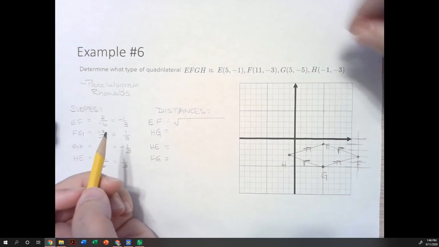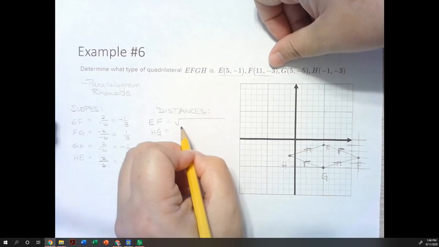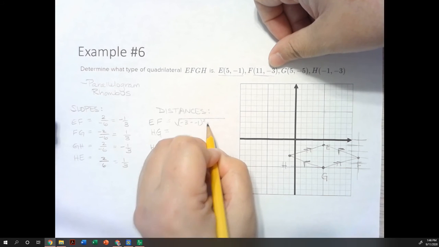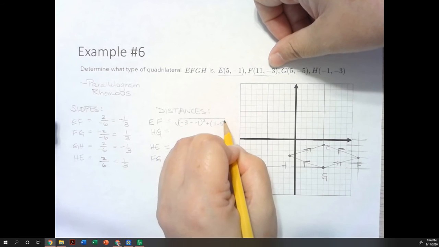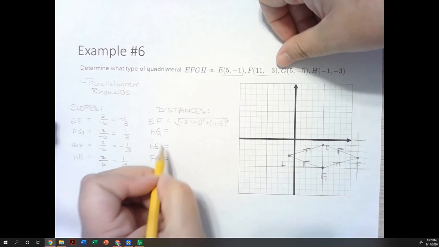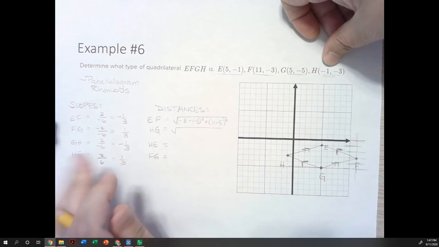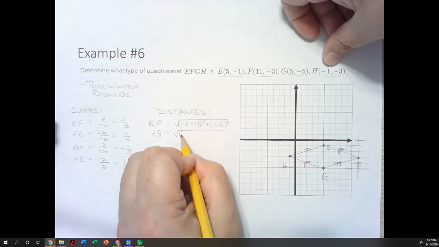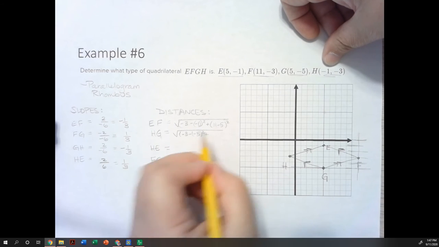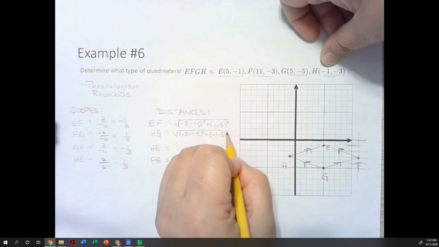All right, so E to F, we use the points up here because I'm faster when I use the points. So the square root of -3 minus -1 squared plus 11 minus 5 squared. And then H and G: square root of -3 minus -5 squared plus -1 minus 5 squared.